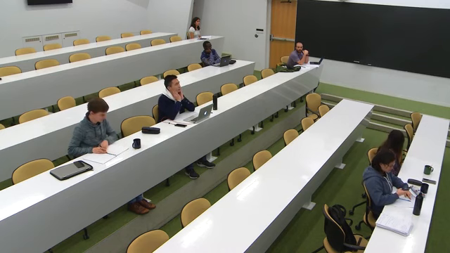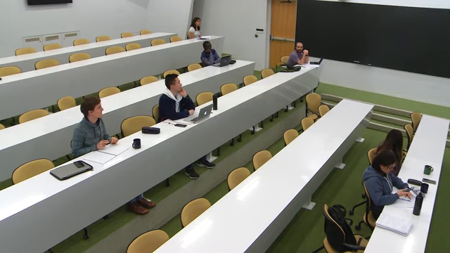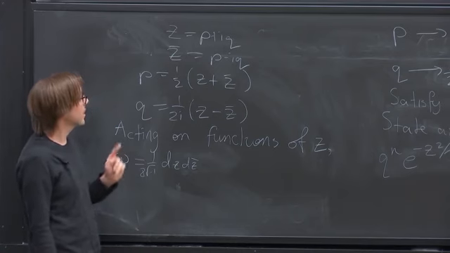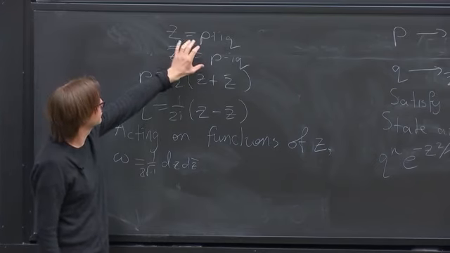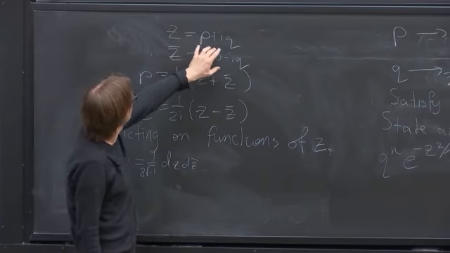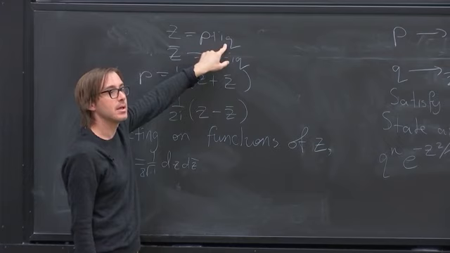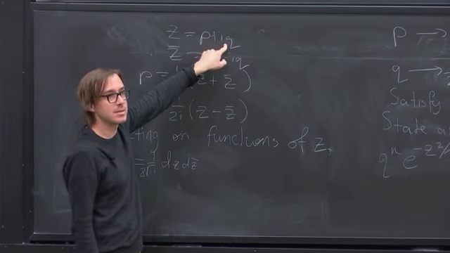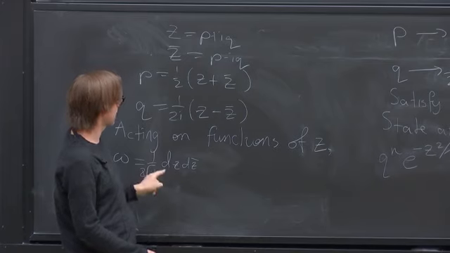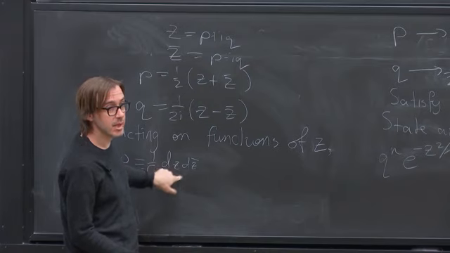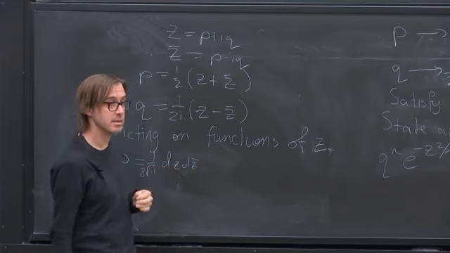Because z bar multiplied by holomorphic functions is not a holomorphic function. That's right, but I'm making a similar definition to what you would do when you say I have p and q that satisfy canonical commutation relations: my Hilbert space is functions of q, and p acts by d/dq. So I'm doing something analogous by declaring that my functions do not depend on z bar, they only depend on z, and z bar acts by d/dz, because the symplectic form makes them canonically conjugate. I see.